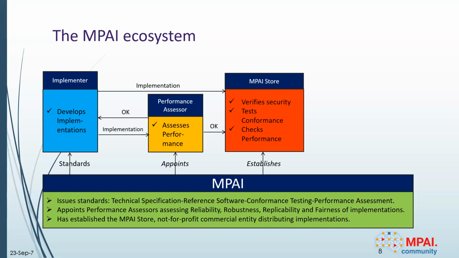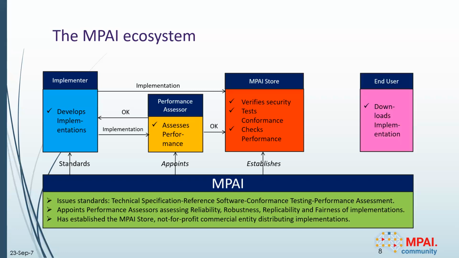The implementer submits an implementation to the MPAI Store that does the necessary checks, and if everything is okay, then the implementation is posted and made available on the MPAI Store. So an end user can download an implementation, use it, and provide feedback about their experience.